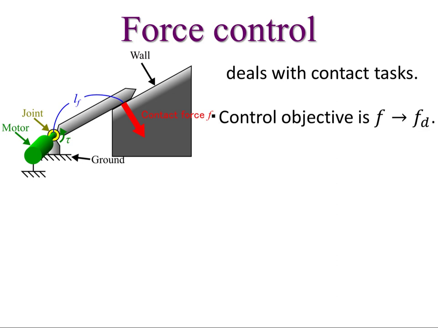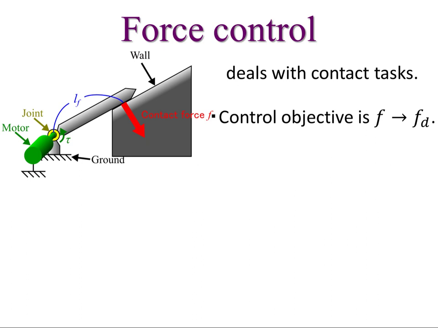To see the basic principle of force control, let's use the simplest example, as shown in this figure. In this example, the tip of the single-joint robot is in contact with an object. Let F be the force with which the tip of the robot pushes the object.